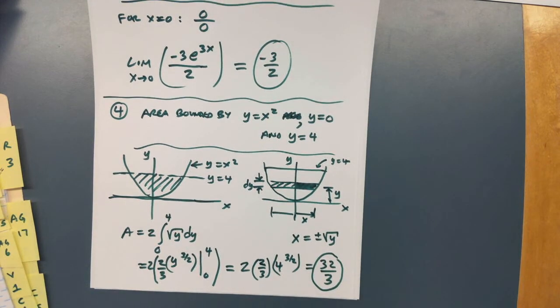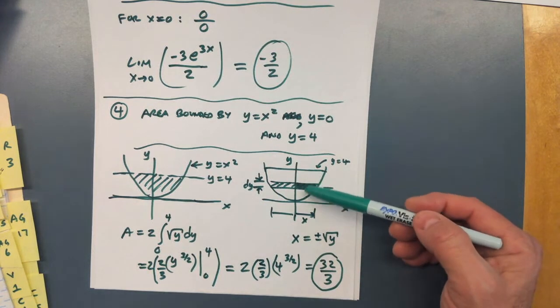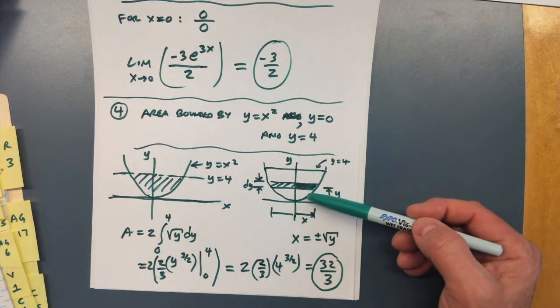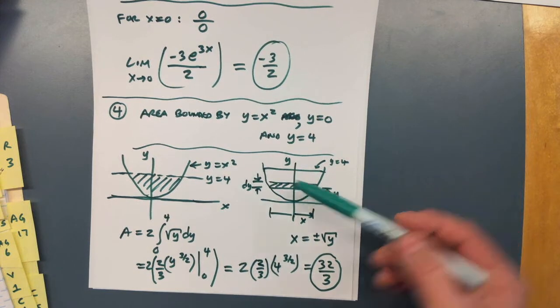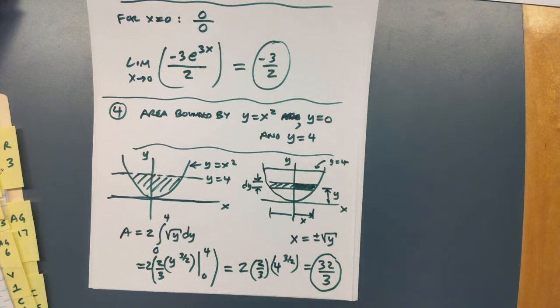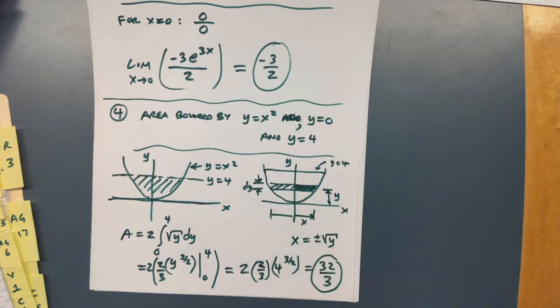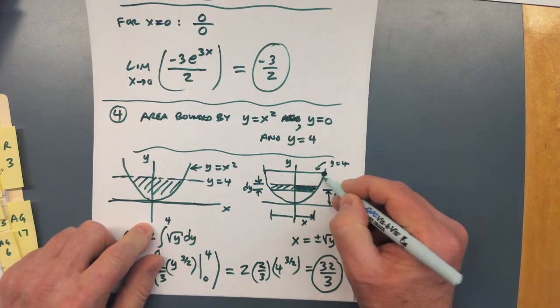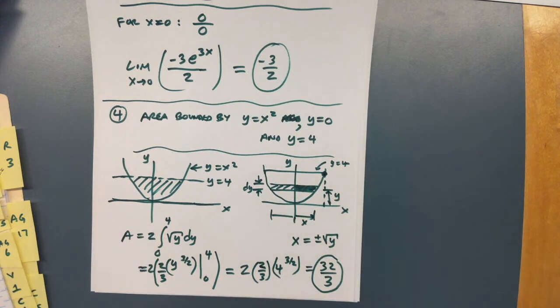You could use vertical strips as well, in which case the height of the strip would be 4 minus the y value, and the y value is the same as x squared. So you have 4 minus x squared times dx as the width, and then you'd integrate from 0 to whatever value this has when y equals 4.